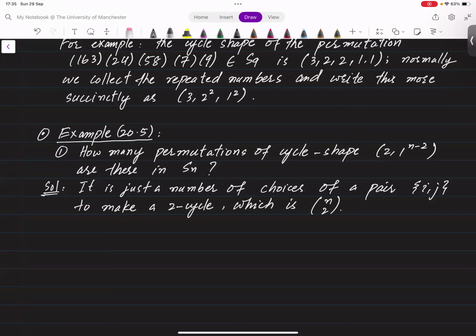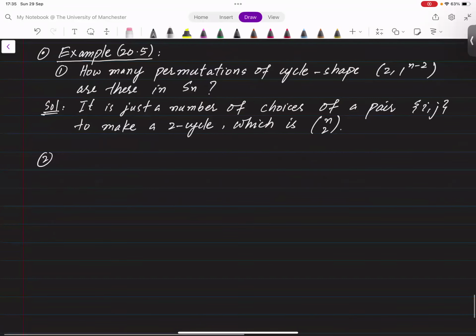Perfect. Number 2: how many permutations of cycle shape 3 2 squared 1 are there in Sn?